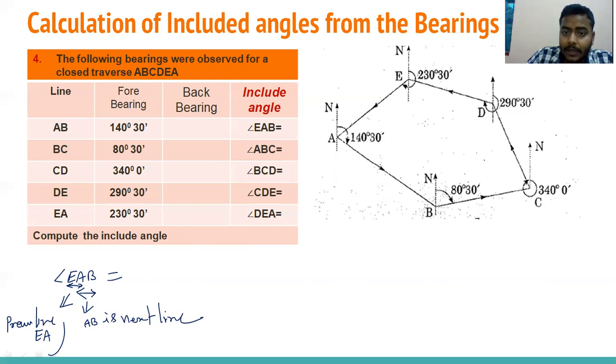In this case also, we are going to calculate the included angle at station A. See the direction of progress of work: EA would be the previous line and AB would be the next line. So what is the formula? Fore bearing of next line minus back bearing of previous line.